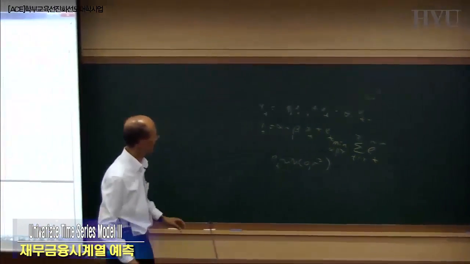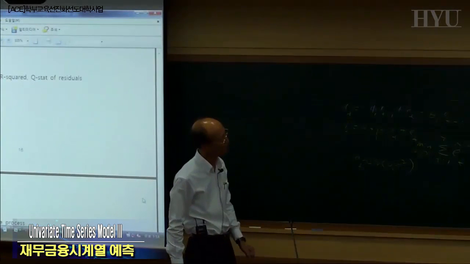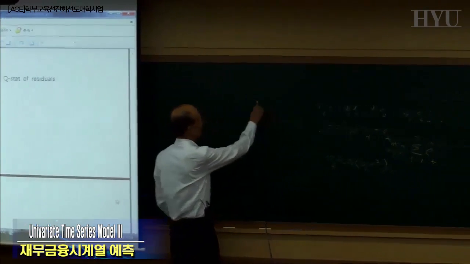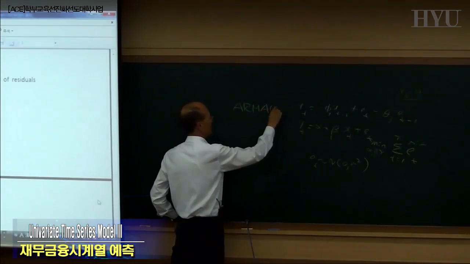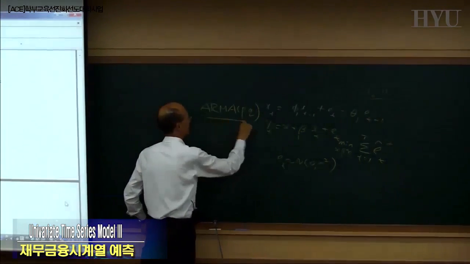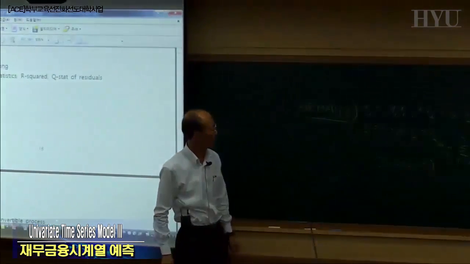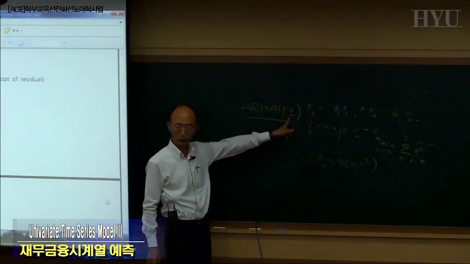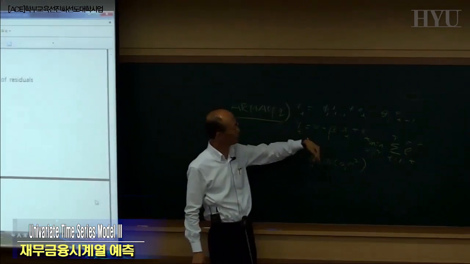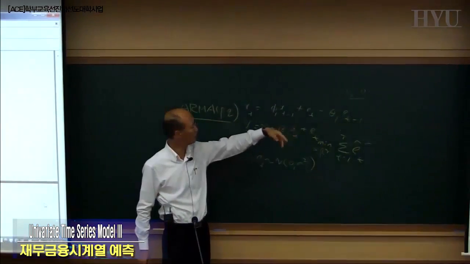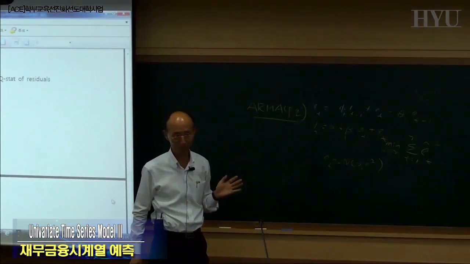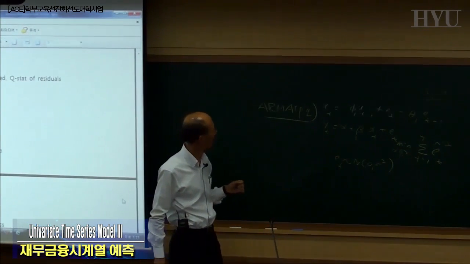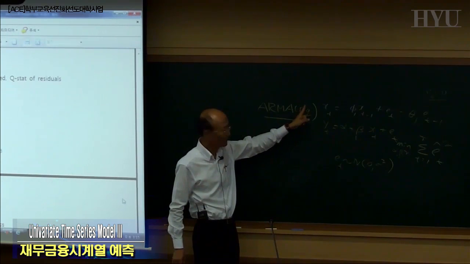Okay. Now, diagnostic checking. So we know that for a stationary process in ARMA modeling, if you happen to know P and Q, then you can apply nonlinear least squares and find those values in no time. Okay? But how to determine P and Q? That's one question.